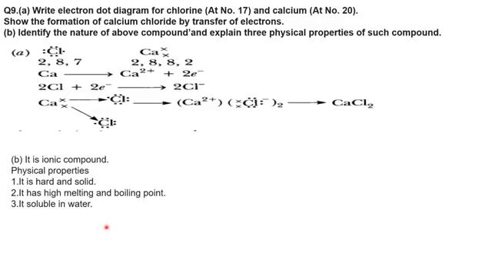Identify the nature of the above compound. Definitely it is an ionic compound, and we know the physical properties of ionic compounds. They are hard solids, with high melting and boiling points, and are soluble in water. They can conduct electricity in the molten state as well as in water.